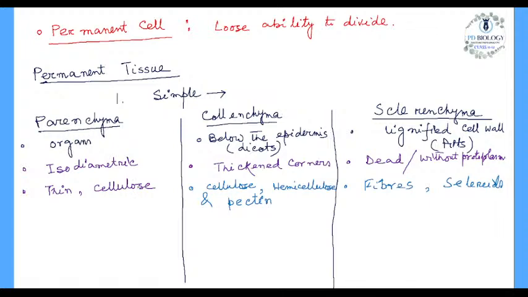In the parenchyma, the cells are closely packed or have very small intercellular spaces. In collenchyma, the intercellular space is absent.